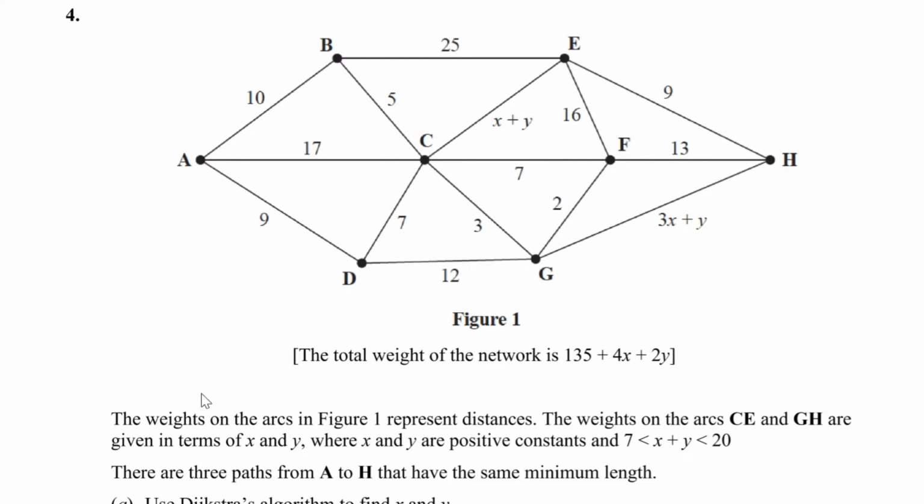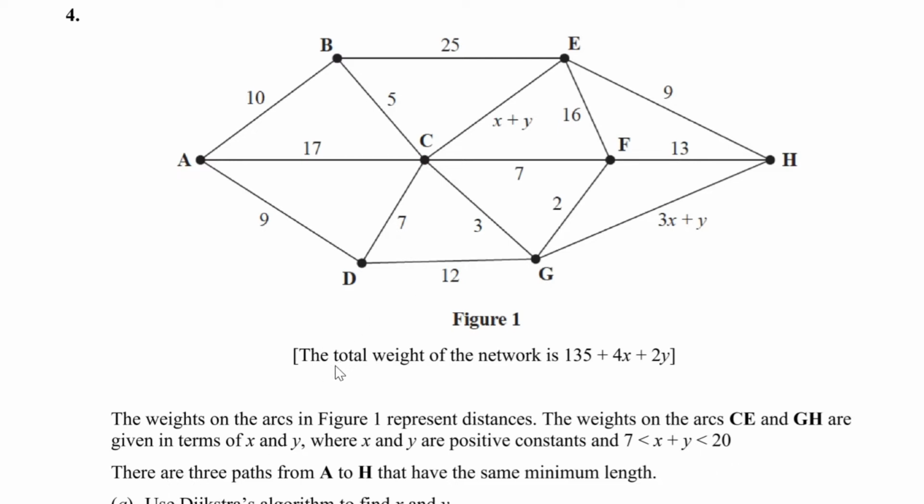Question number 4. The weights on the arcs in figure 1 represent distances. The weights on the arcs CE, that's here, and GH, that's here, are given in terms of x and y, where x and y are positive constants, and 7 is less than the sum of x and y, which is less than 20.